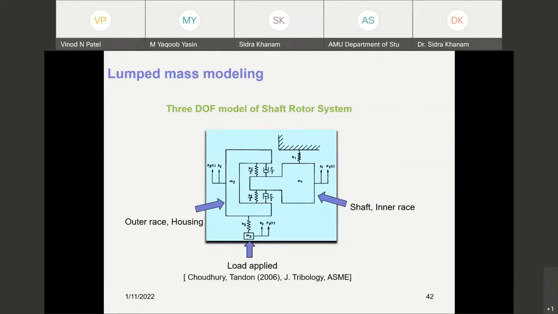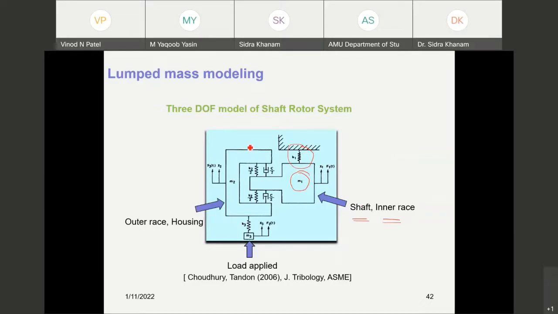Then another approach, which was used by Tandon sir and Chaudhary sir, was the lumped mass system. As we know, in a spring mass system, simply this is mass 1, considering the shaft and inner race mass. Here there is damping and the stiffness produced by the shaft.